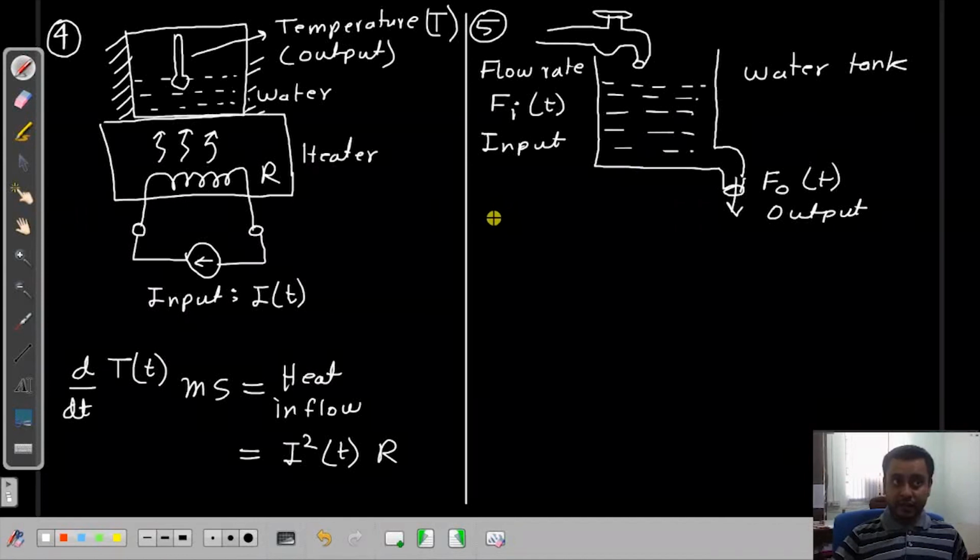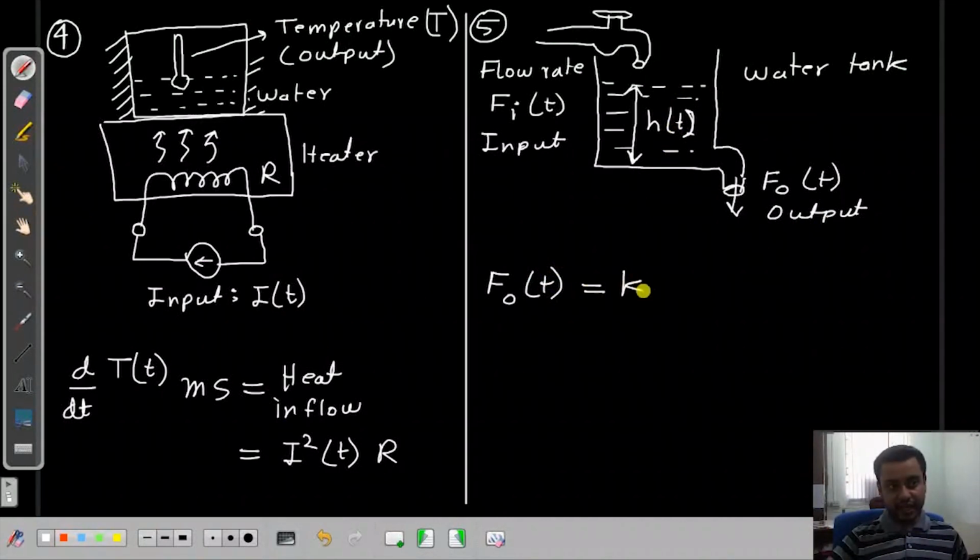We can again find the relation between the input and output easily this way. If I call the height of this water level H(t), then we know that the water flow rate outward depends on the pressure of the water, which depends on the height.